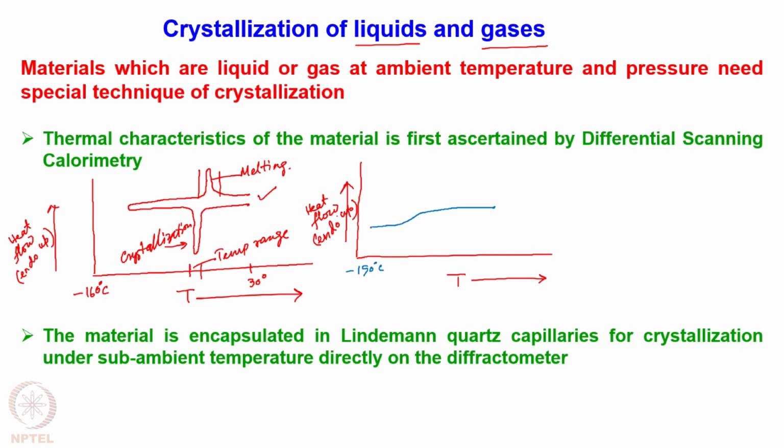And then when this glassy state is slowly warmed up, at a particular temperature, while warming it up, it crystallizes, and then at a certain temperature below the room temperature, it melts.